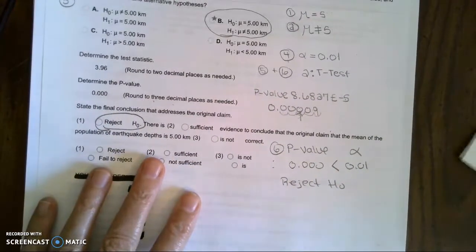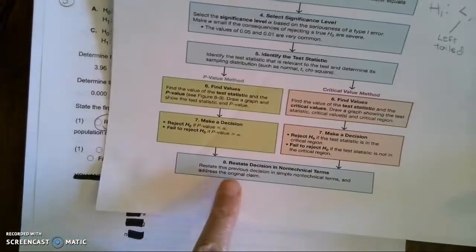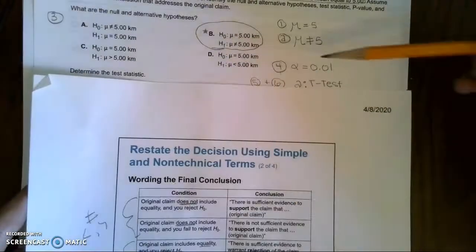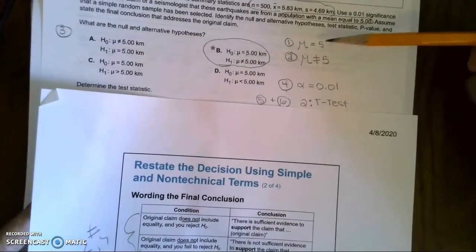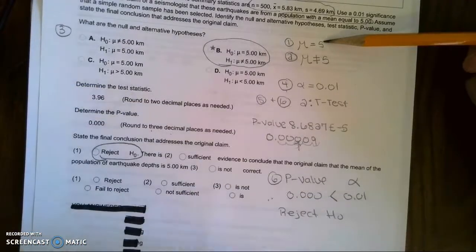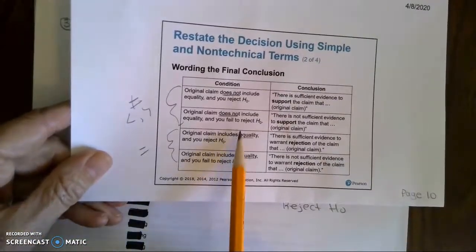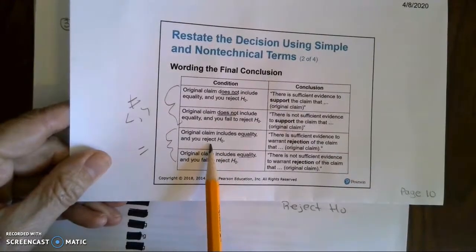And then for the conclusion, for this last step, to help you with that, you can always fall back on this. The original claim does have an equal sign, and we rejected the null. So it does have an equal sign, so that'd be these two. And we did reject it.